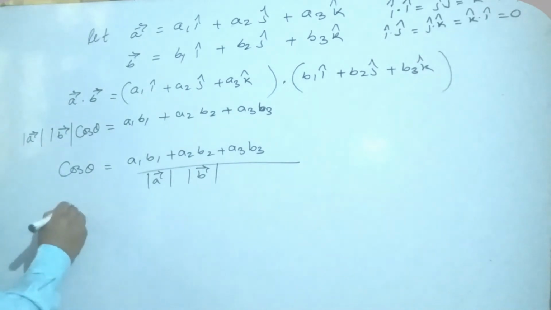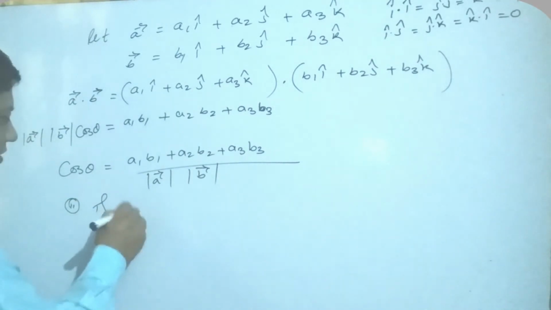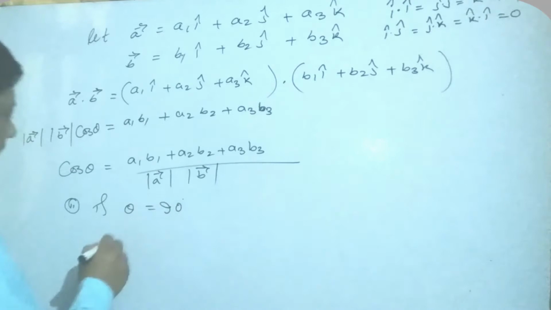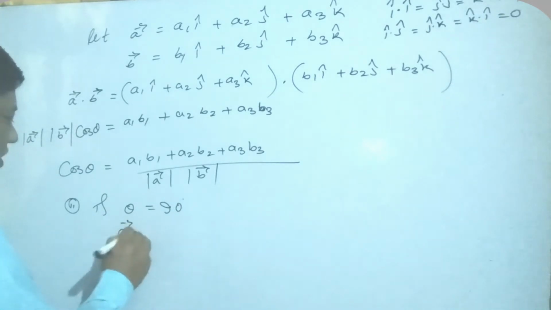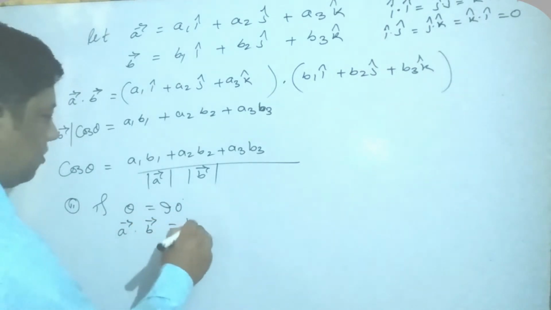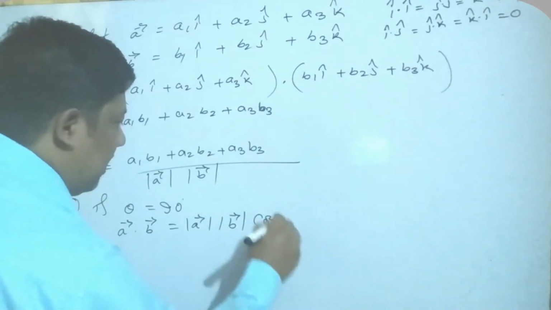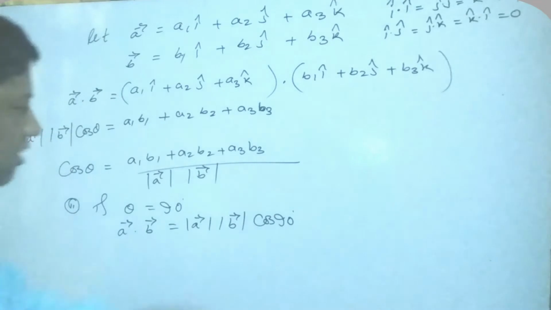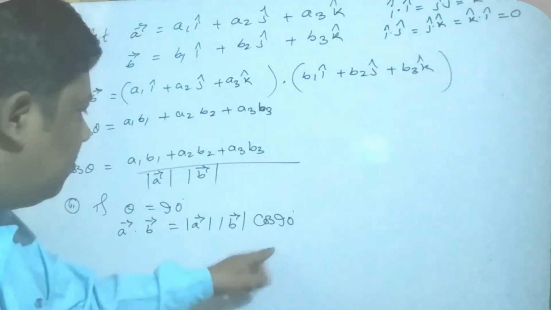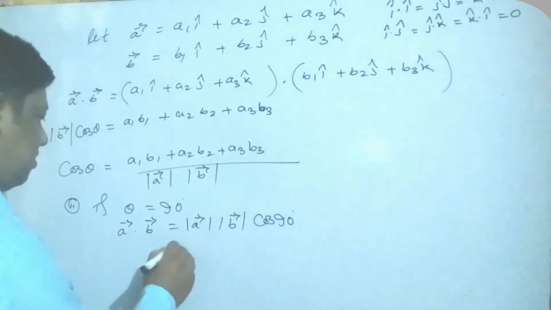So my students, next point: if theta equals 90 degrees, then A dot B equals mod of A and mod of B cos 90 degrees, and cos 90 equals how much? Cos 90 equals 0. That means all parts will be 0.